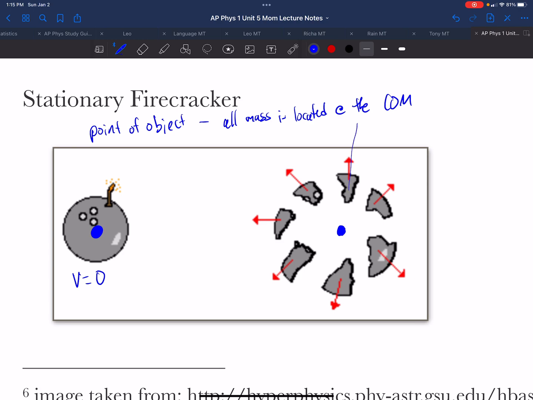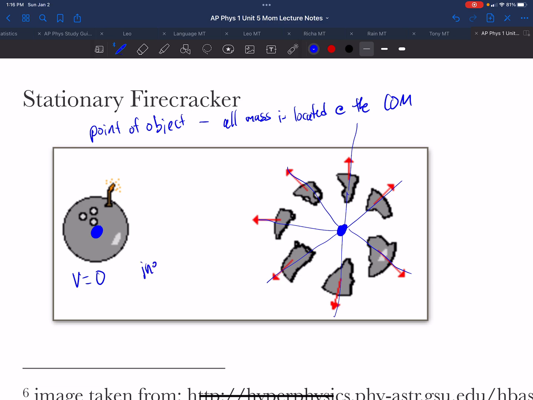This particle is moving along that path, that path, that path. Each of them is moving on their own paths. Like so. But that center of mass that was represented by the object before it blew apart is in the same exact location as it was beforehand.